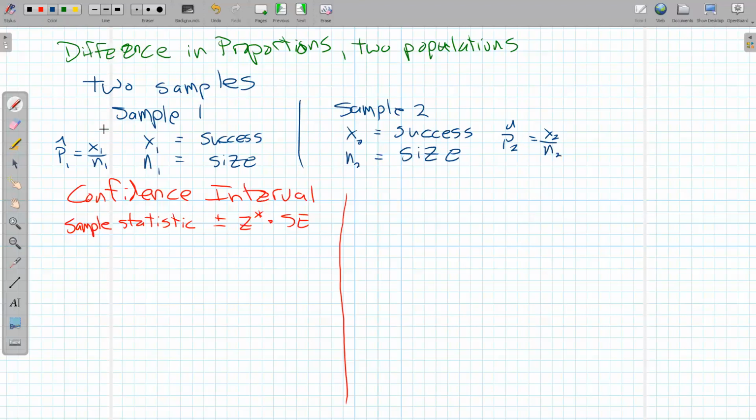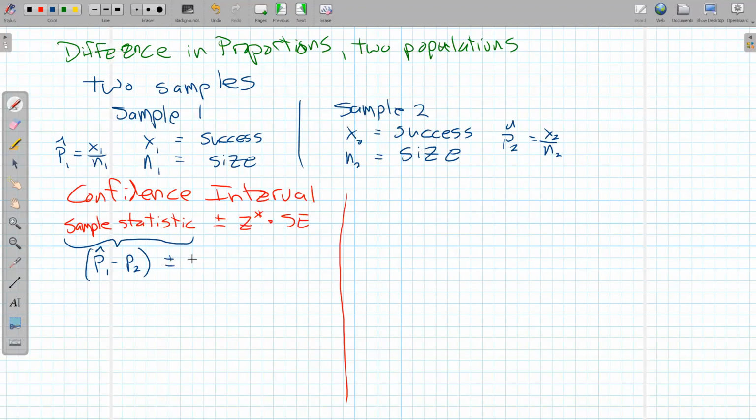Once we have those, the sample statistic, if it was a single one, would just be p hat. Now I'm looking to see if the two proportions are different. Generally in math, different means subtract. And so typically the sample statistic is going to be p1 hat minus p2 hat, whatever that difference happens to be. And we'll look at an example of this in just a sec.